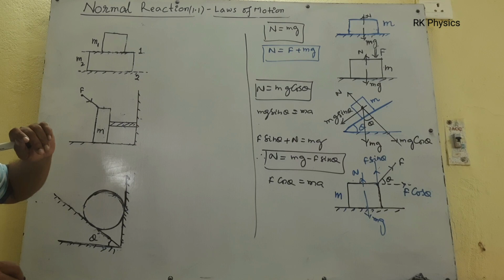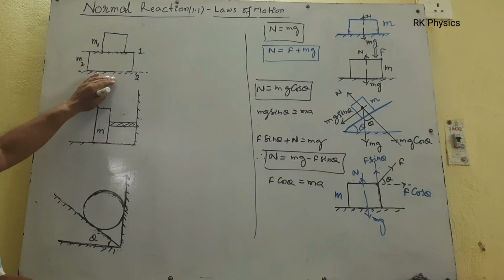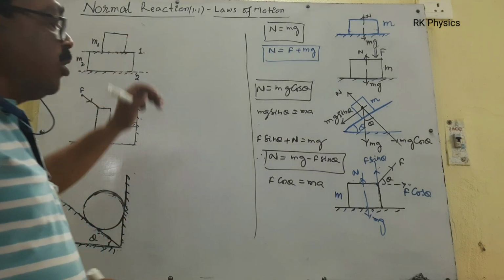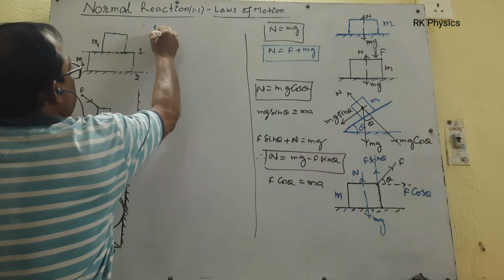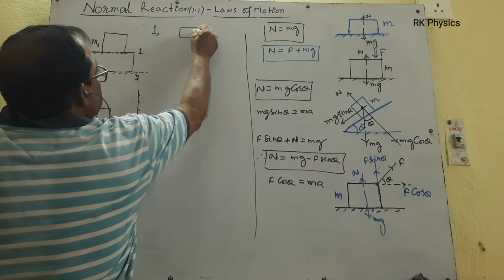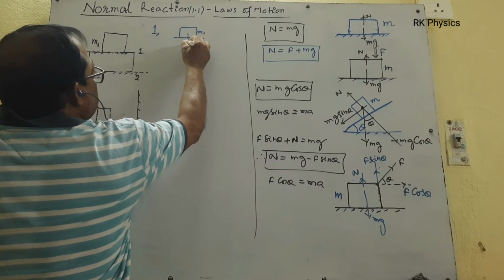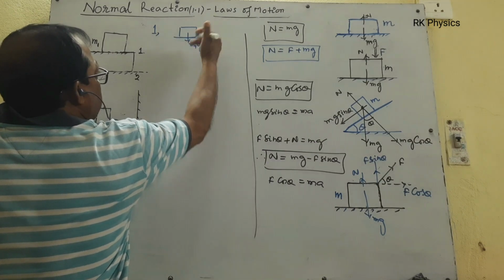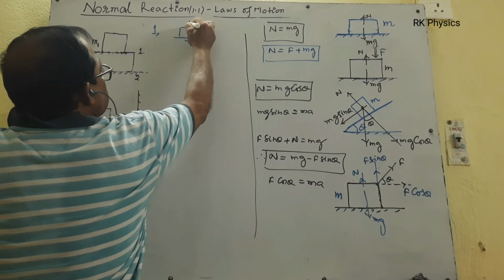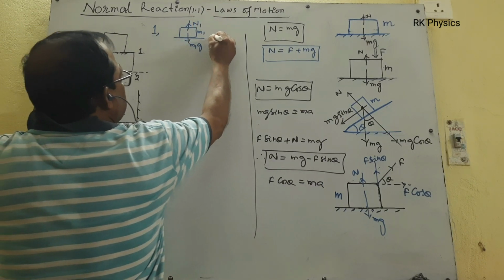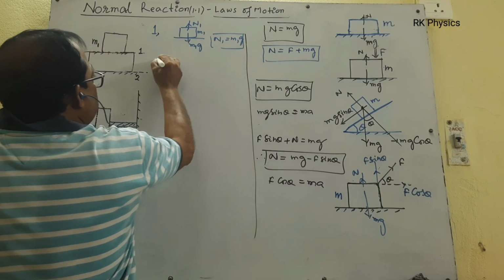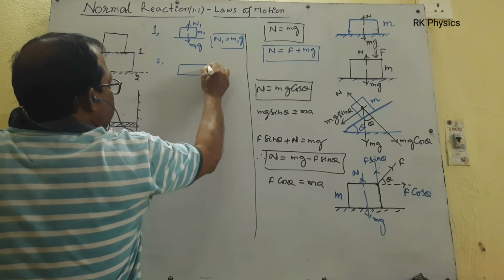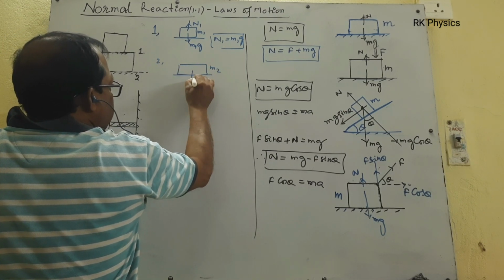There are two masses, M1 and M2. M2 is placed above the ground, M1 is placed above M2, and both surfaces, 1 and 2, are smooth. For surface 1, this is M1. M1 g acts on M2, and the reaction is upward. M2 gives the reaction, so therefore N1 equal to M1 g. For the second surface, you take M2 here, and this is the ground.